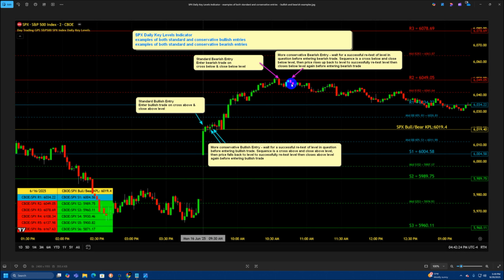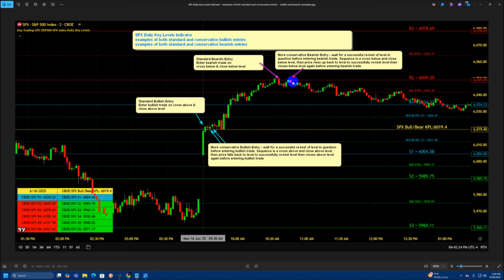That's a successful retest of the level. So this is where you would enter on a successful retest. You could have also entered here. That would have been a little bit later, but either one of these candles here would be considered the successful retest.